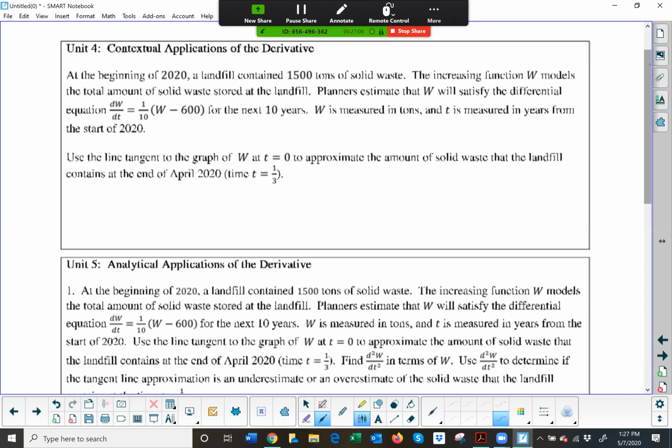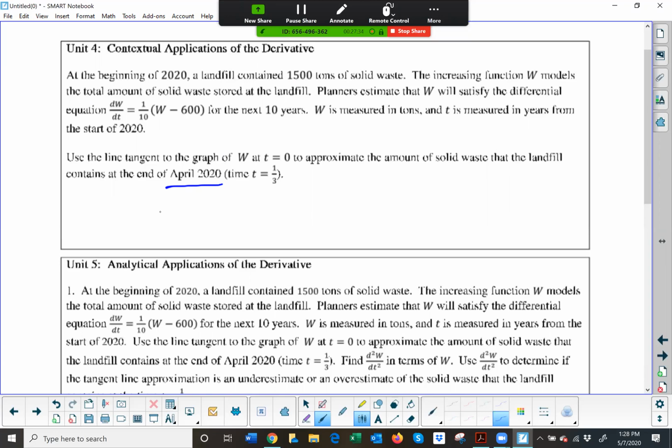Planners estimate that W will satisfy the differential equation, the one we just worked with, for the next 10 years. W is measured in tons and t is measured in years from the start of 2020. Use the line tangent to the graph of W at t equals 0 to approximate the amount of solid waste that the landfill contains at the end of April 2020.